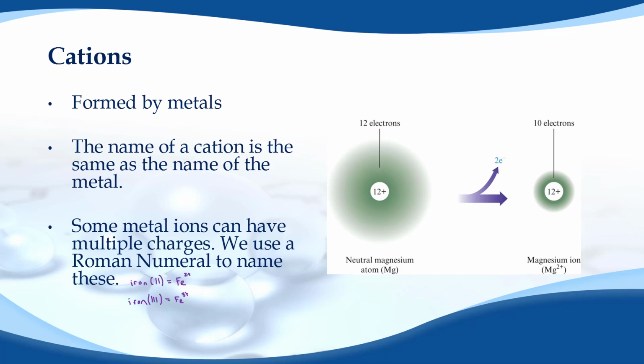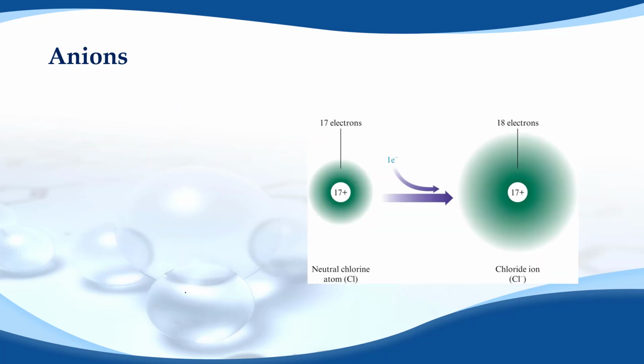If cations are generally formed by metals losing electrons, what do you think anions are going to be formed by? They're going to be formed by nonmetals because nonmetals tend to gain electrons, right? So what we have is we have a chlorine atom. Chlorine atoms have 17 protons and 17 electrons. We add an electron to it.